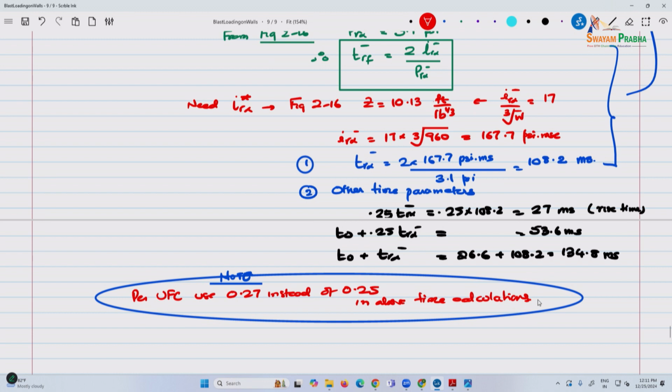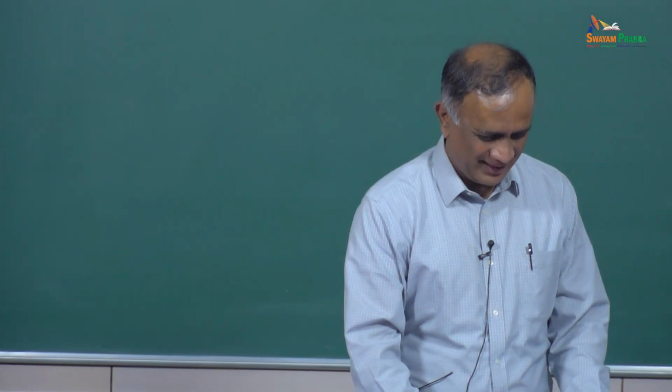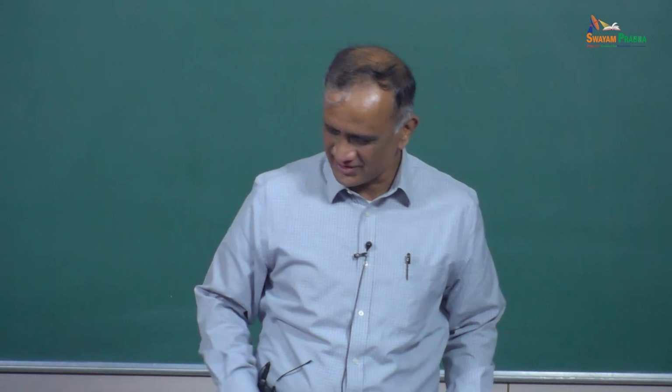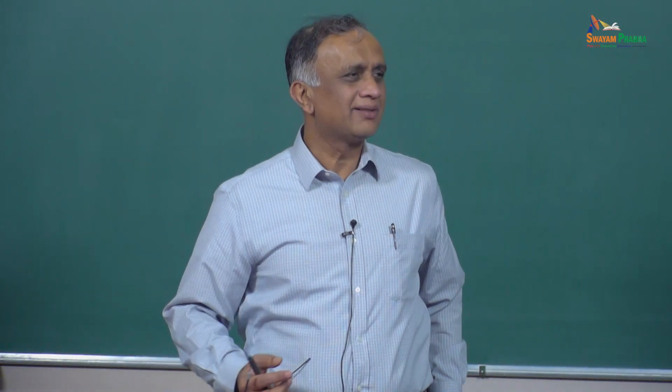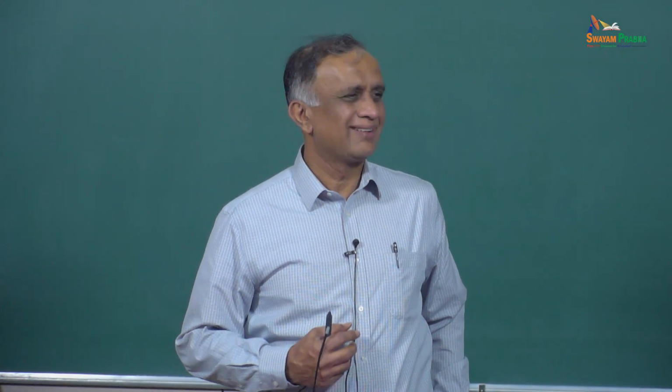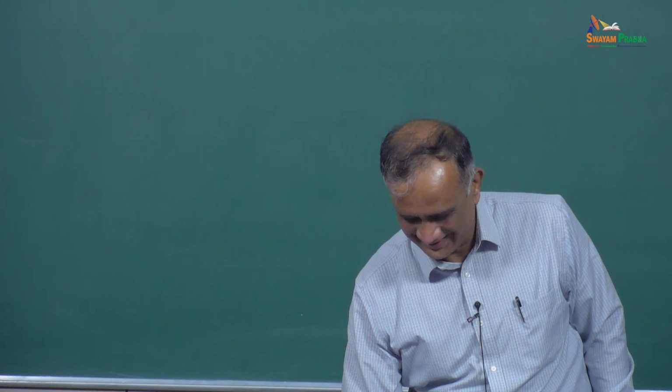Surprising, I never noted it till now. It's 0.27. Well, you learn something every day. Correct yourself. Okay, so which step are we in? 3B. So now we go to step 4.